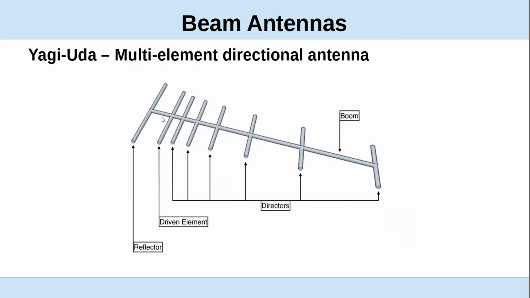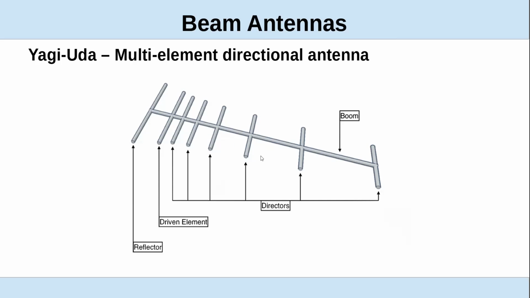So you get that portion of the wave reflected back, just like the same effect with the vertical and the ground reflection. It adds to the signal, and it decreases the signal going in the reverse direction. So that's why you have a very small radiation lobe on the back end of a beam antenna.